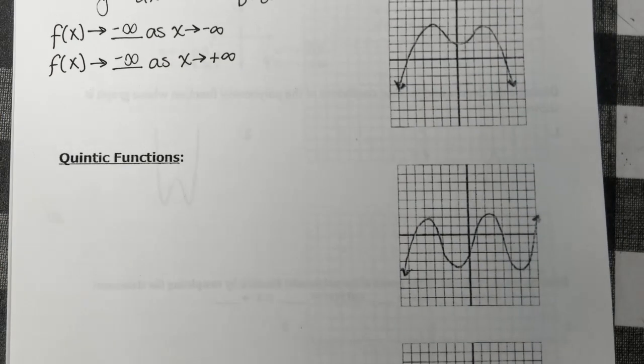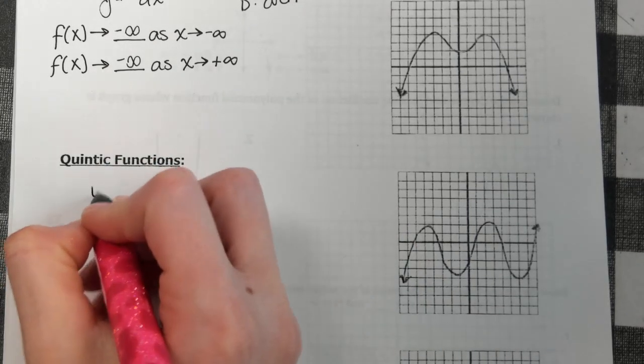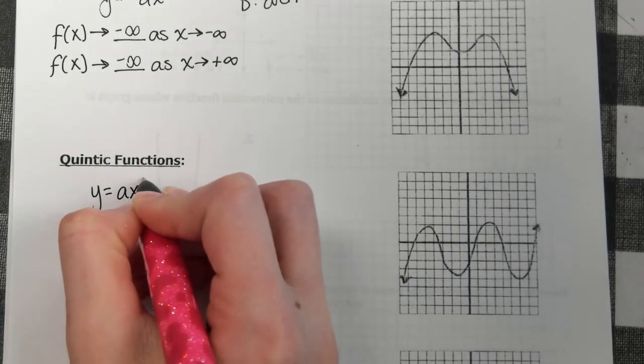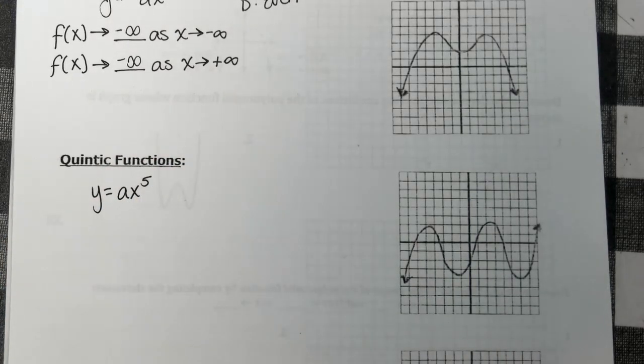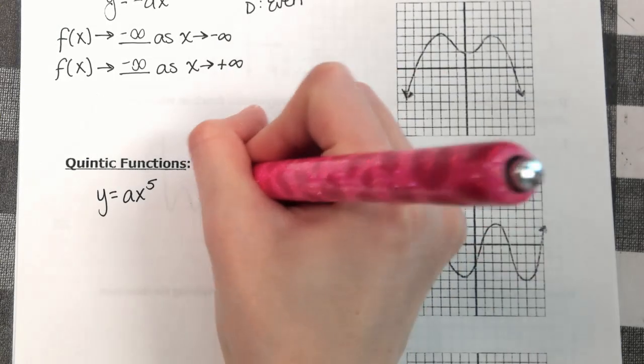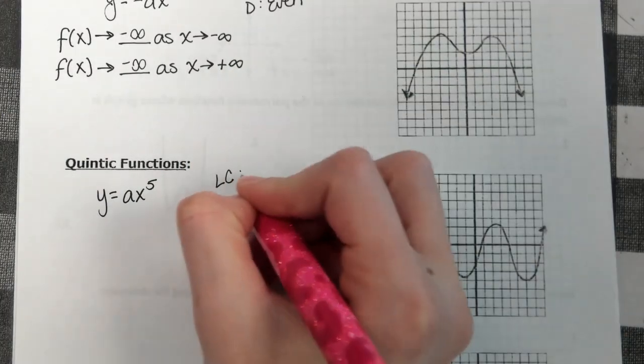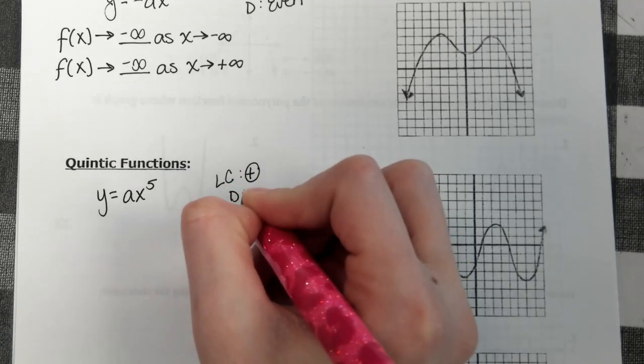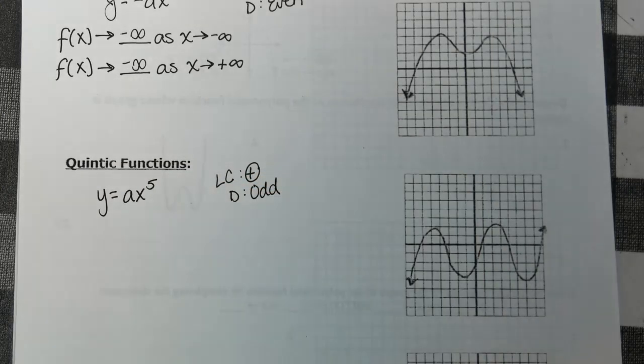So for quintic, that is if we have y equals a x to the fifth power. Okay. So here I have a positive leading coefficient, and now my degree is odd. So what do you notice about the end behaviors of that?